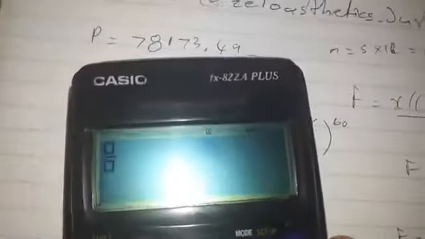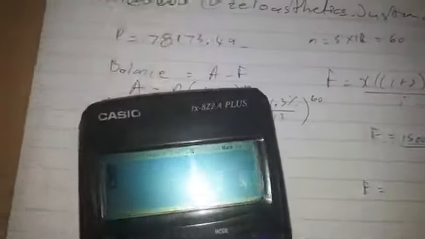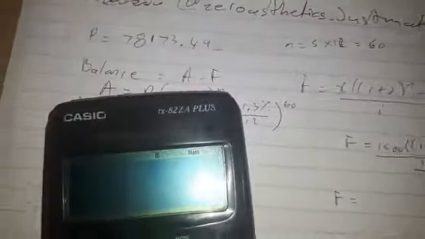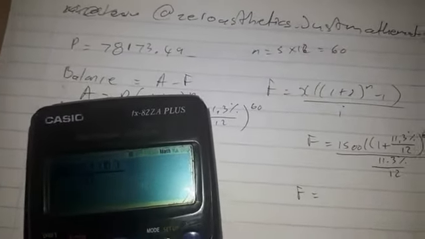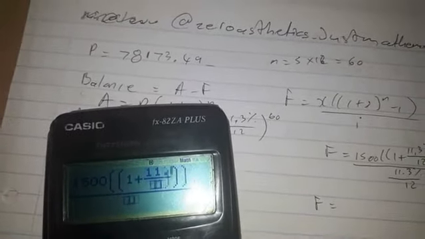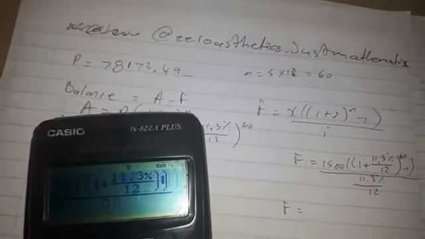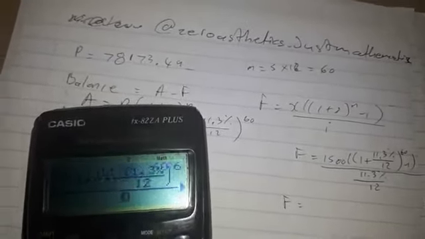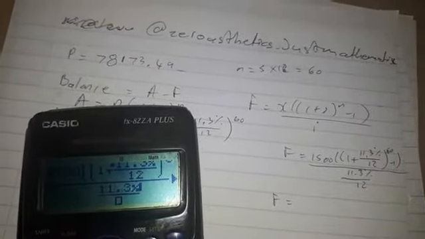But if they had asked to work out the balance on the loan after 5 years, we would have just done this. But for what they're asking, we need to get the balance on the loan after 5 years first. So let's do it so that we can explain some more. 1 here plus 11.3 shift percent over 12, and then the whole thing to the power of 60. This is 11.3% over 12.